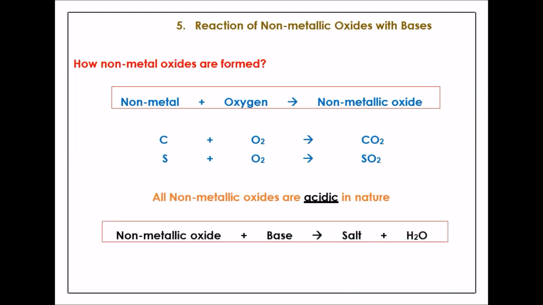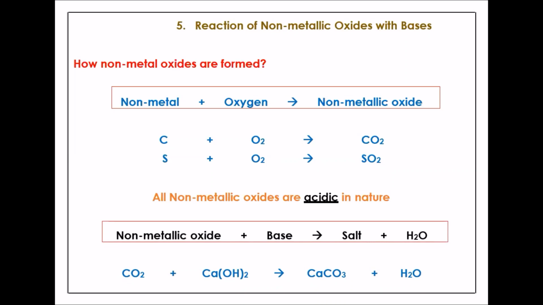So instead of acid, you can take non-metallic oxide, which is acidic in nature, plus base gives rise to salt plus water. This is also a neutralization reaction. Let us see one example. Carbon dioxide plus Ca(OH)2, calcium hydroxide, gives rise to calcium carbonate, that is salt, plus water.